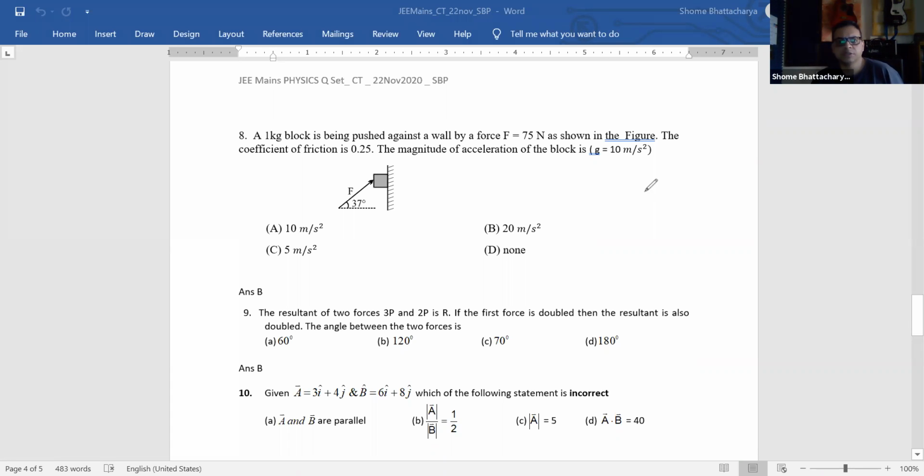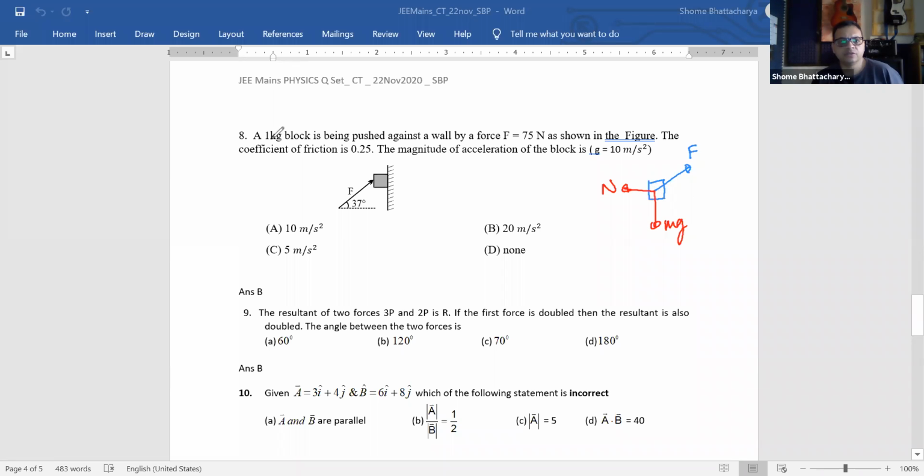So in eighth question, you just make the free body diagram of the block. Okay. So you have this force acting on it. Okay. You will have normal reaction that the wall is applying. You'll have weight. Okay. And now you have to understand the direction of friction from the tendency of slipping.